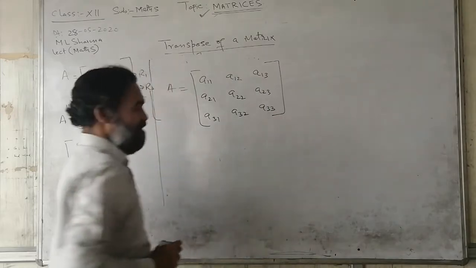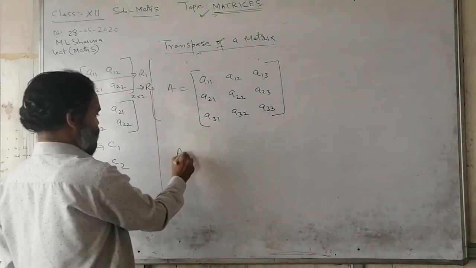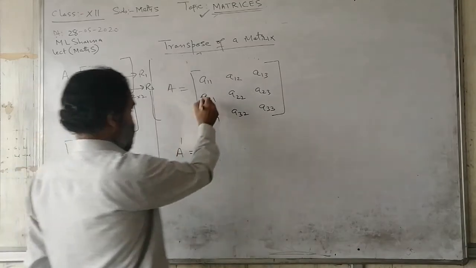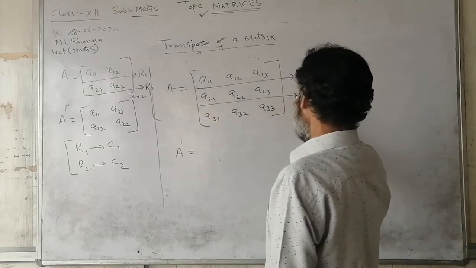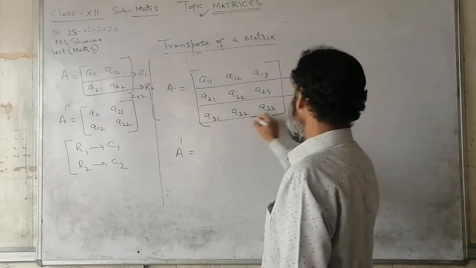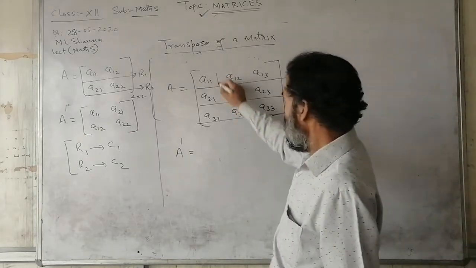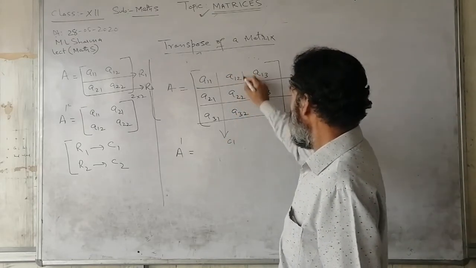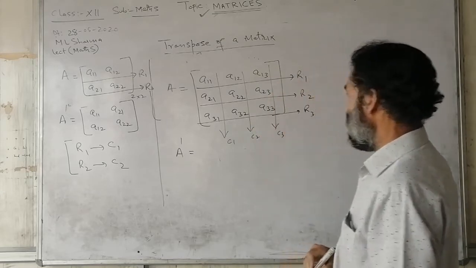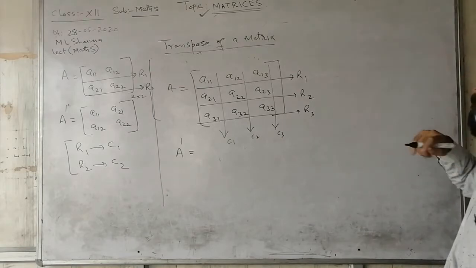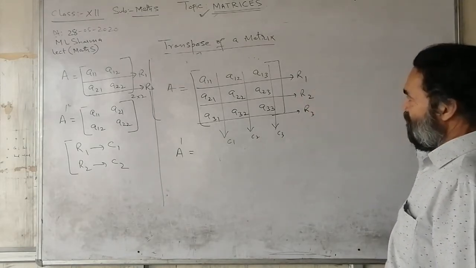So it is a 3 by 3 order matrix. So if I have to find its transpose, this is R1, this is R2, and this is R3. C1, C2, C3. I have to interchange its rows into columns.